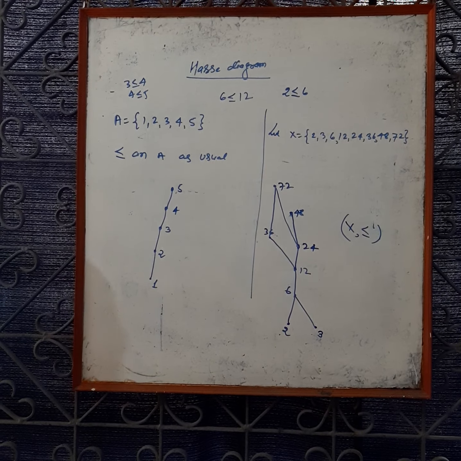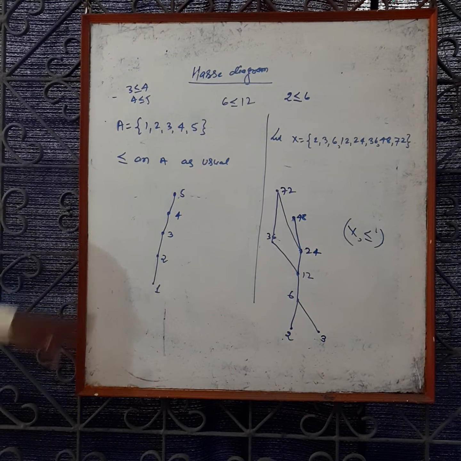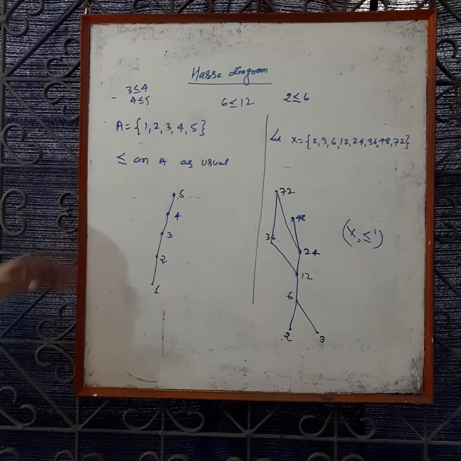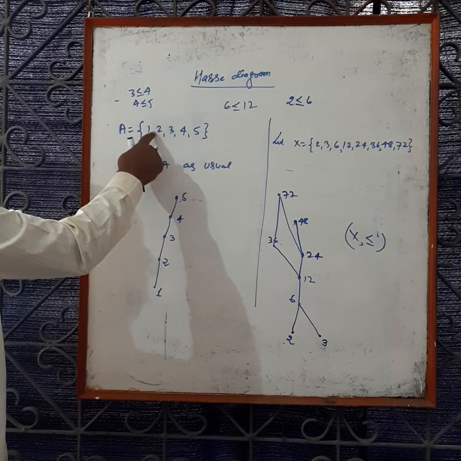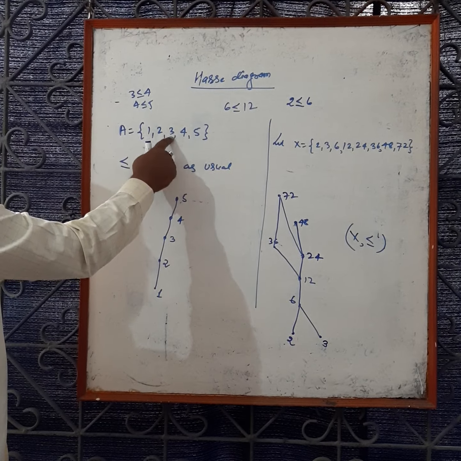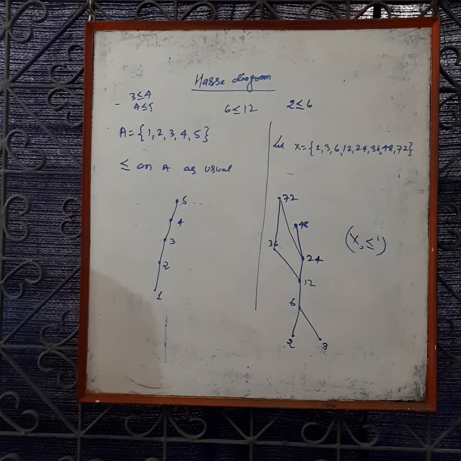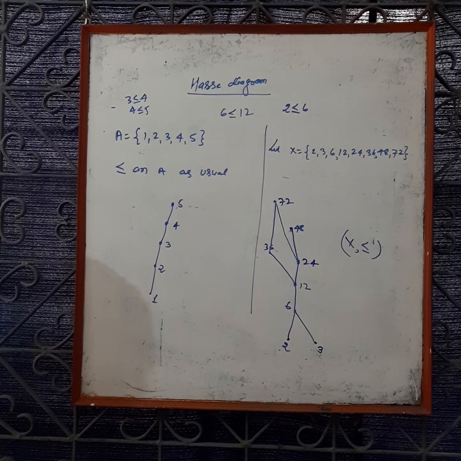We already know about chains. A poset in which every two elements are comparable is called a chain. This means that 1 and 2 are comparable, 1 and 3 are also comparable, 2 and 4 are also comparable, and so on. So the Hasse diagram of a chain will be a single vertical line.